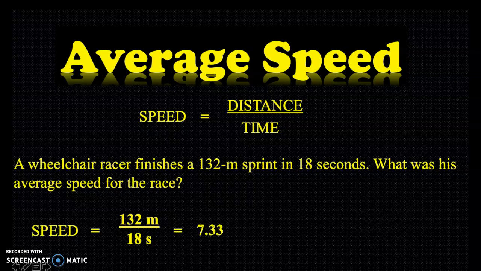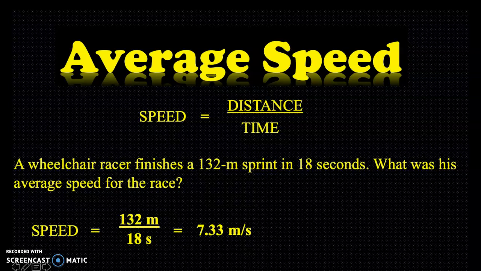If we do that, we're going to get 7.33. Now, since this is a measurement, we have to include units. You'll notice that the meters and the seconds do not cancel out, so our units of measurement for speed are, in this case, meters per second.